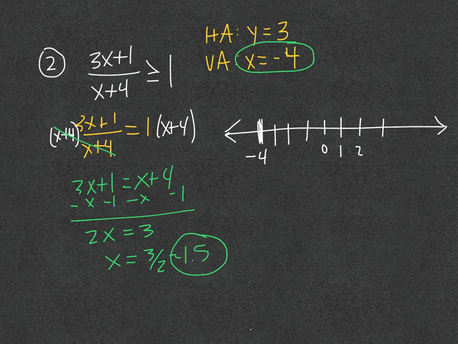That's where they equal each other, so there's going to be a filled in dot at 1.5. Now we can just look at the graph and see where the rational function is greater than or equal to 1. So I'm going to insert a picture of a graph we can look at.